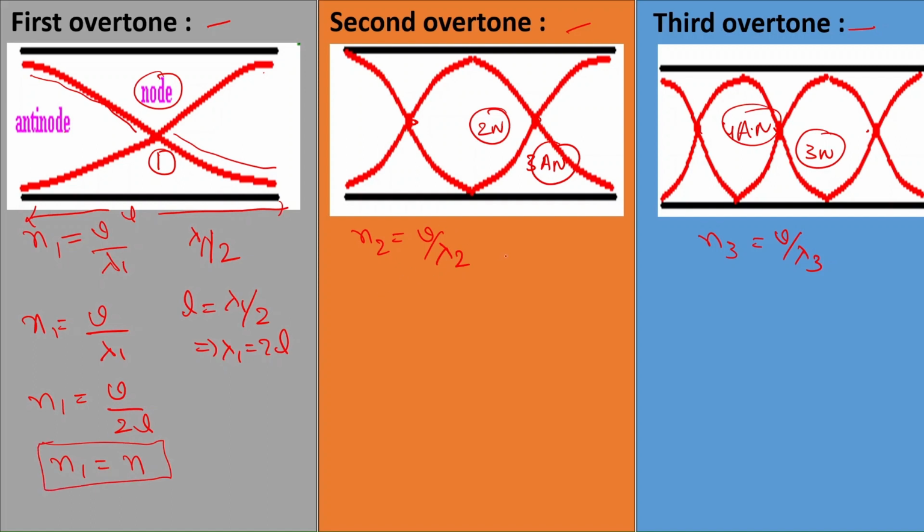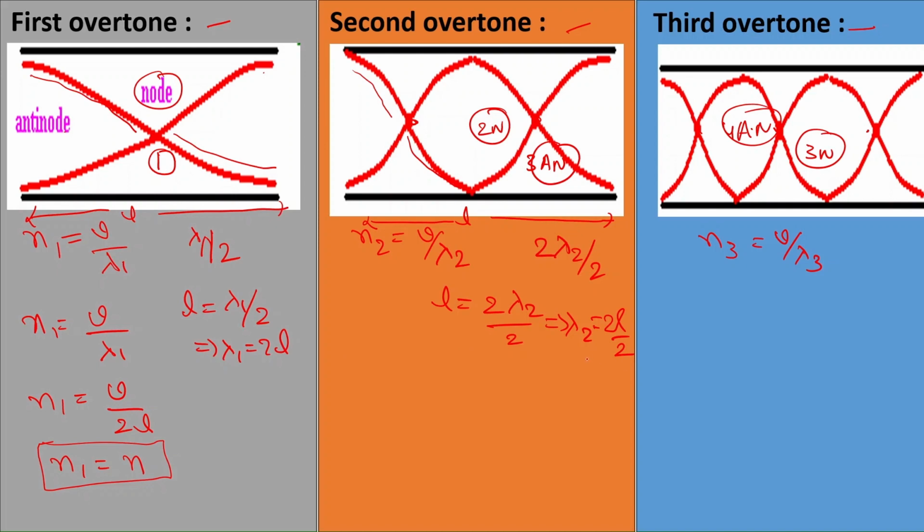Similarly for the second overtone, from here to here it is L. Now the wavelength: from here to here lambda by 4, here to here lambda by 4, so that is lambda by 2. Similarly here lambda by 2, so altogether 2 lambda 2 by 2. Now L equals 2 lambda 2 by 2. This implies lambda 2 equals 2L by 2.